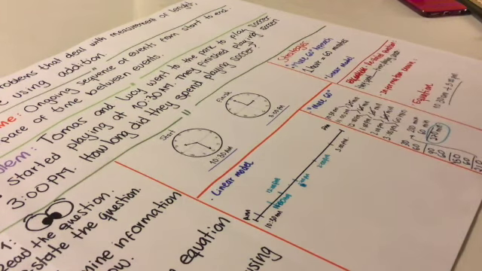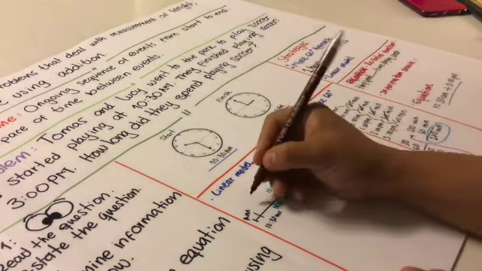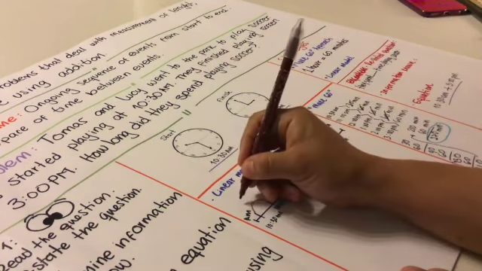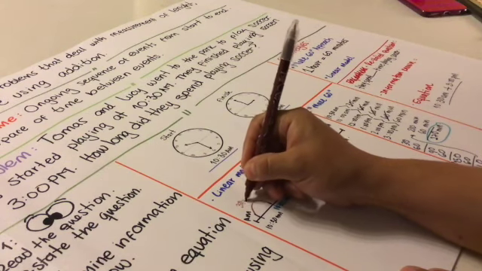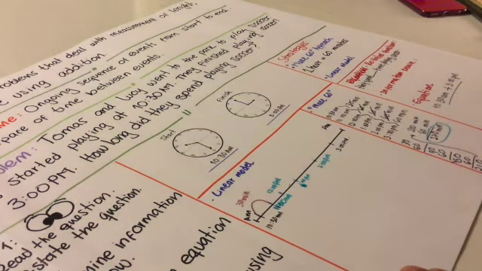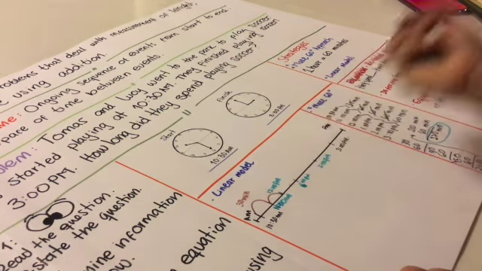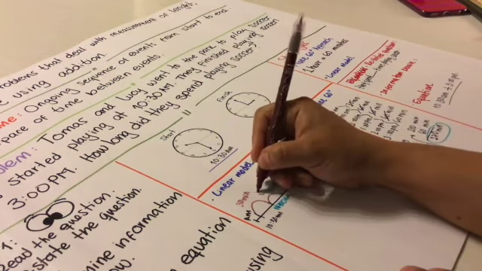So then I'm going to use another color to grab that. And then I said that from this point to this point is 30 minutes. Okay? Then from this point, from 11 a.m. to 12 p.m. is 1 hour.